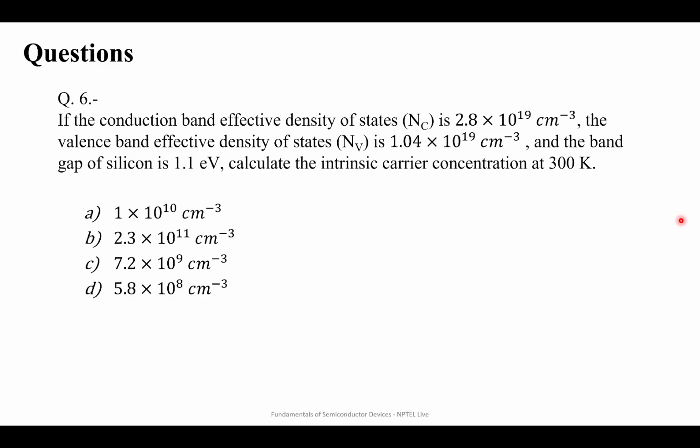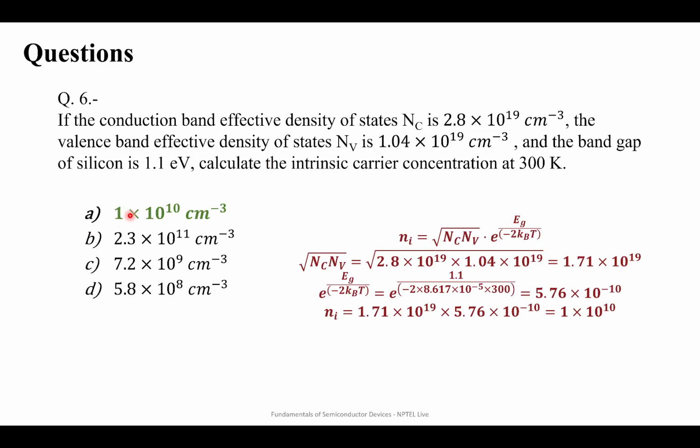Nc is 2.8 into 10 power 19, Nv is 1.04 into 10 power 19, band gap is 1.1 eV, temperature is 300 K. No one has got the answer yet. It's been 5 minutes, so I'm continuing.